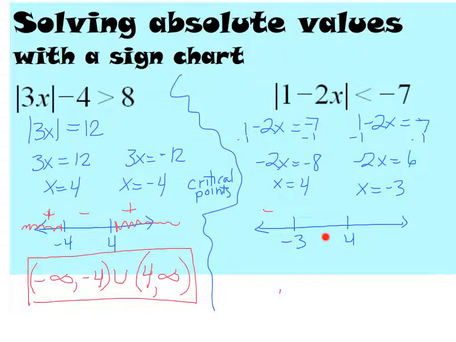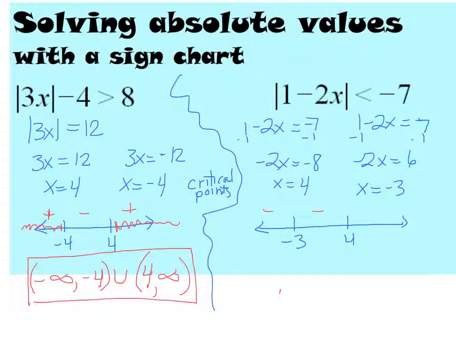Okay, let's try in between the two. 0 would be my easy one to try. So when I put a 0 here, that turns this all into 0. 1 minus 0 is 1. The absolute value of that is still 1. But 1 is not less than negative 7. So that did not work.